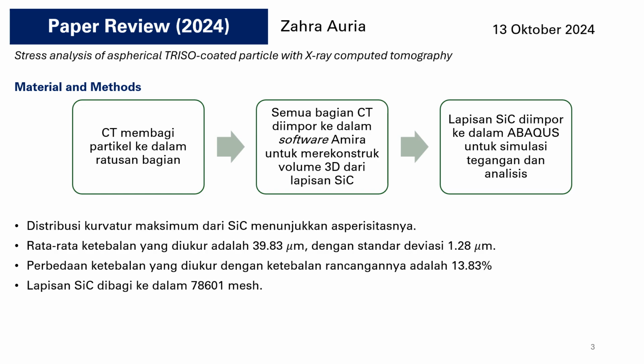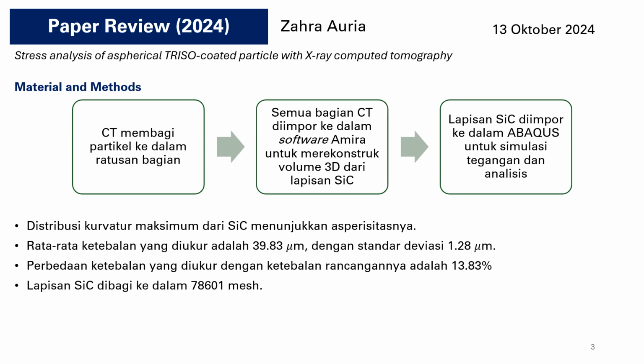From that data, we have an average measured thickness of 39.283 micrometers with a standard deviation of 1.228 micrometers, and the difference between the measured thickness and the design one is 13.283%.